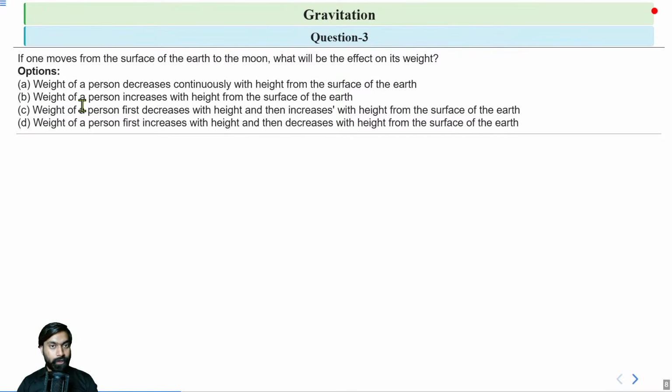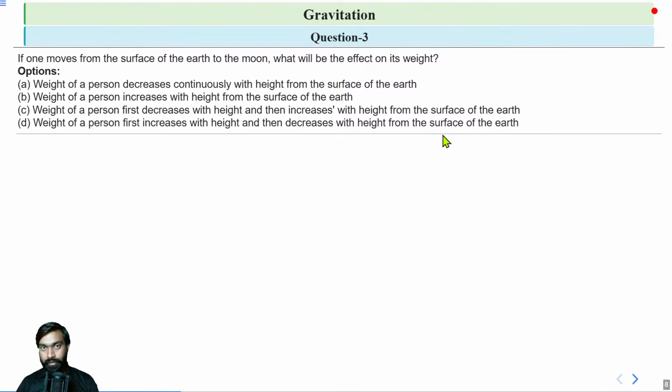Option B, weight of a person increases with height from the surface of the earth. Option C, weight of a person first decreases with height and then increases with height from the surface of the earth. And option D, weight of a person first increases with height and then decreases with height from the surface of the earth. So read the question carefully and think about it.